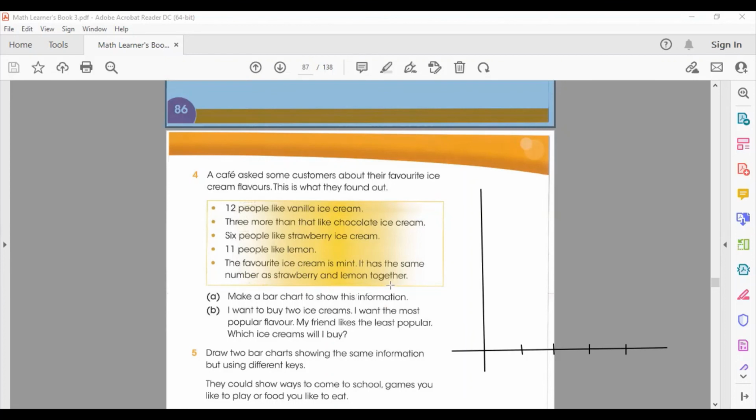And what is the biggest number we have? 11, 6. It's nearest to 15, 16, 17. Yes, so we are writing here.